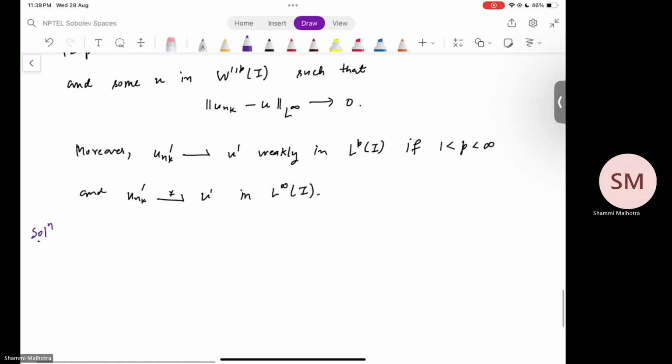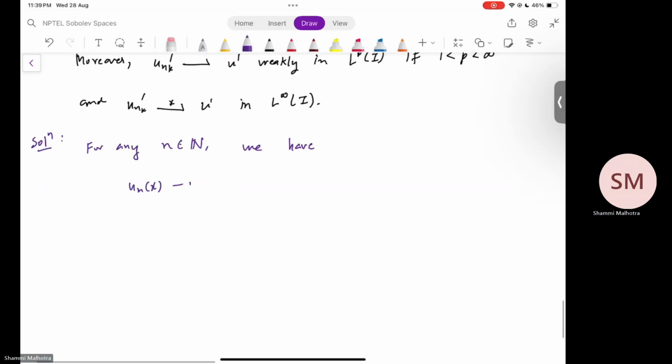So for any n we have u_n(x) minus u_n(y) equal to the integral from y to x of u_n'(t) dt. This u_n' is our weak derivative, and it is integrable, because since we have a finite measure, we use Hölder to show that this integral is finite always.